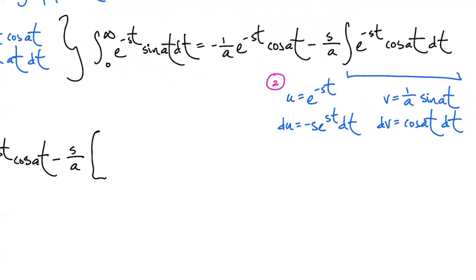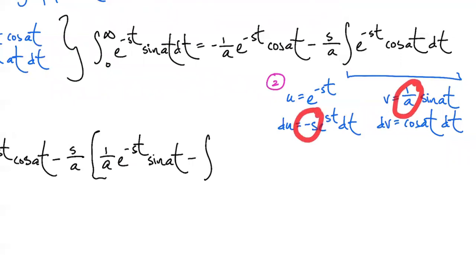And so uv from this number 2 is going to be 1 over a e to the negative st sine of at, right, minus the integral of v du. Now I notice here that I have the 1 over a and the negative s. So I'm actually going to bump those right out to the front of my integral symbol.